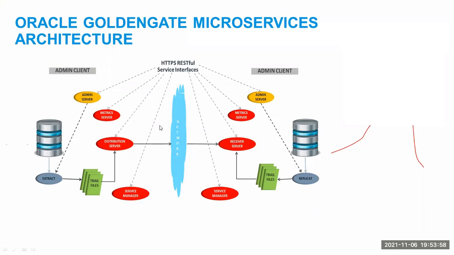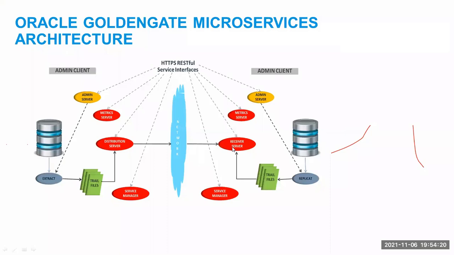So what happens in classic? Data pump establishes the connectivity with the collector process. However, in microservices, the distribution server, while distributing the data from source to target, establishes the connectivity with the target receiver server, where the receiver server receives the data.